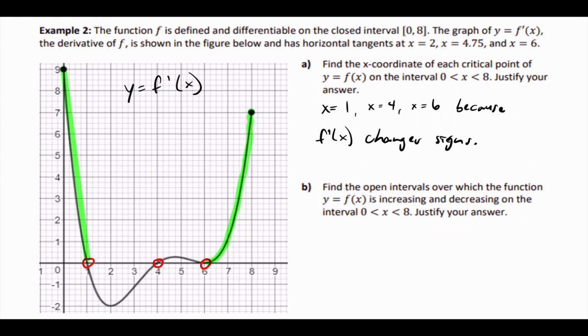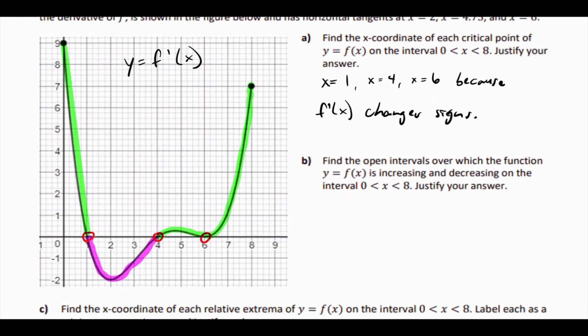They're not asking me questions about this graph. They're asking me questions about the original. Okay? Decreasing. Where is it decreasing? Below, the opposite, below the x-axis, right? So on mine, green is going to be increasing. Pink is going to be decreasing.